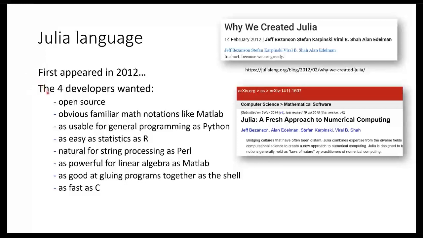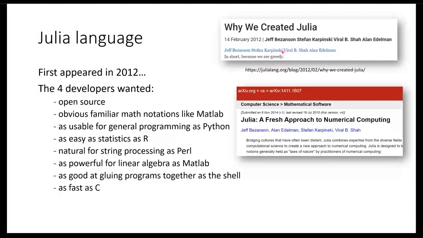The initial 4 developers are the authors of these 2 famous articles. They wanted the language to be open sourced, and to be as good as MATLAB, Python, R, Perl, and Shell, and as fast as C. So you see that they want to combine all of the advantages of all of these well-established languages.